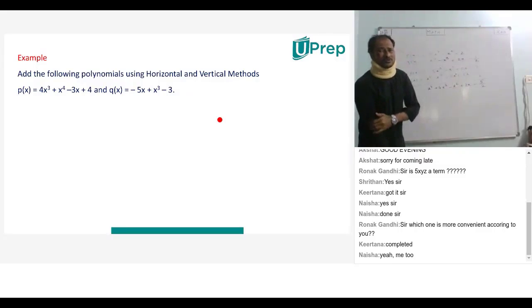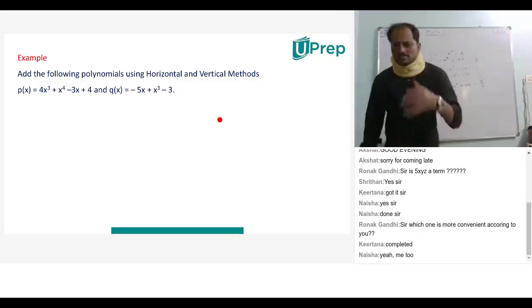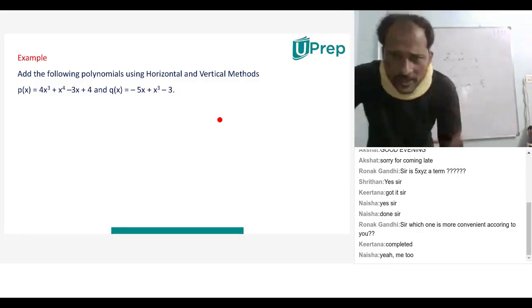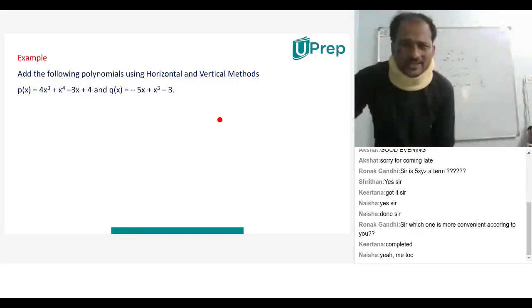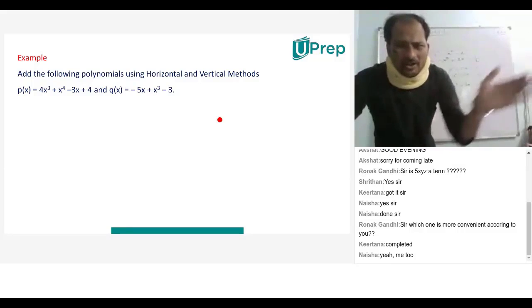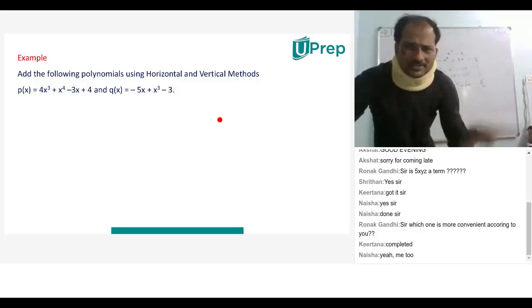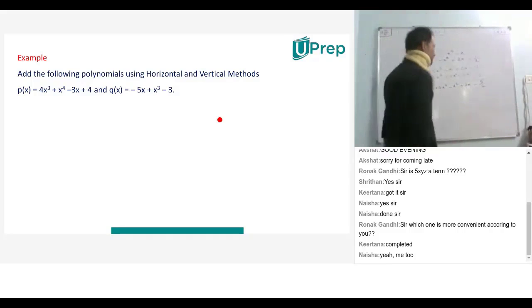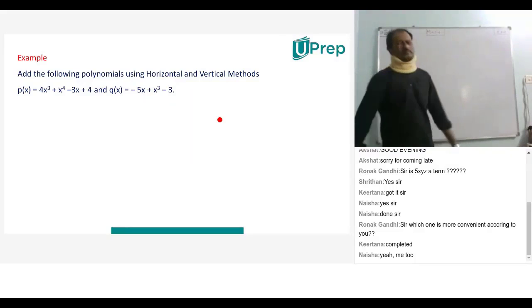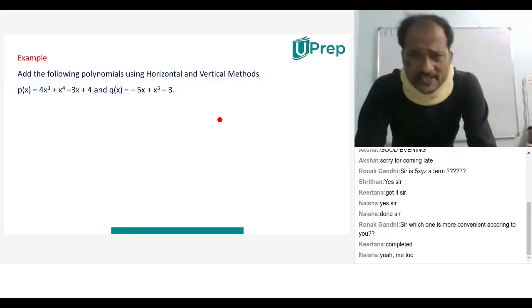Otherwise you cannot add by the column method, right? Yes, sir. So that's why in the column method you must be more vigilant. In the row method it's not like that. Just write in a row, write all the like terms, add or subtract and write. Done. Okay. Now let's move on to the next question. Don't prefer the vertical method unless it is given in the question.